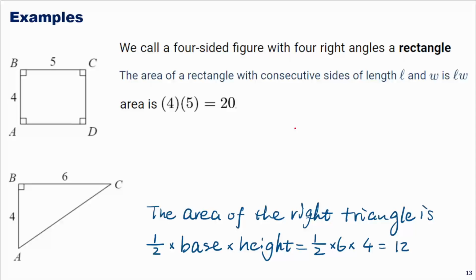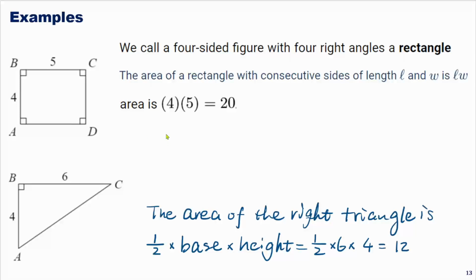It's a pretty straightforward concept. And of course, the area of the right triangle is a half of the corresponding rectangle, which is a half of base times height, which is, in this case, on the left, a half by 6 by 4, which is 12, right? Are you clear?